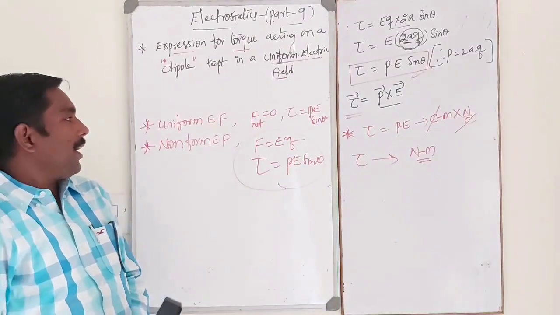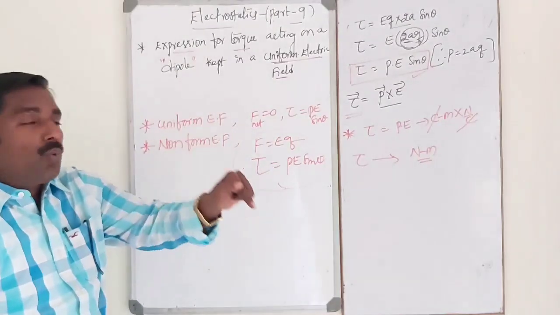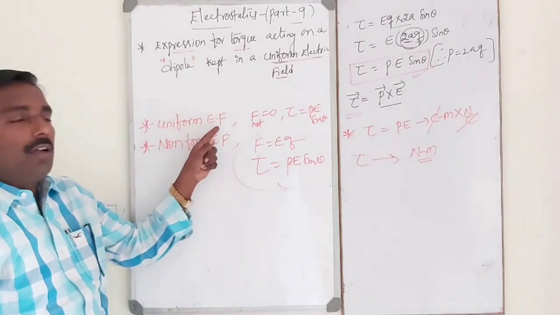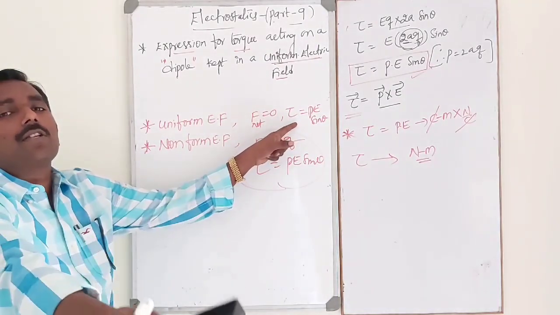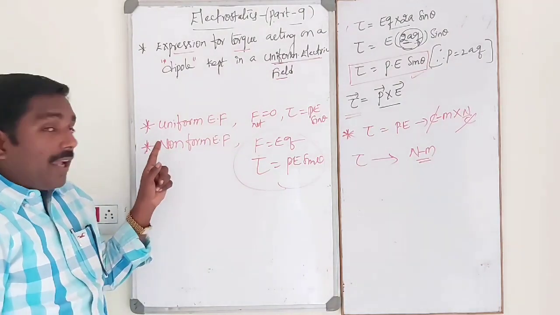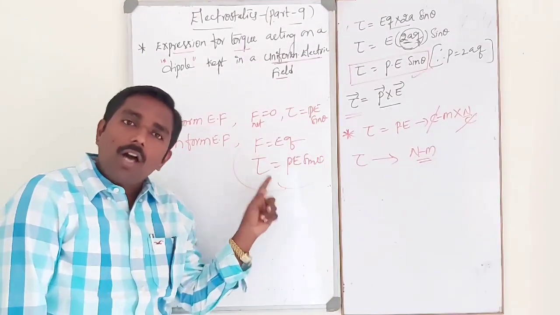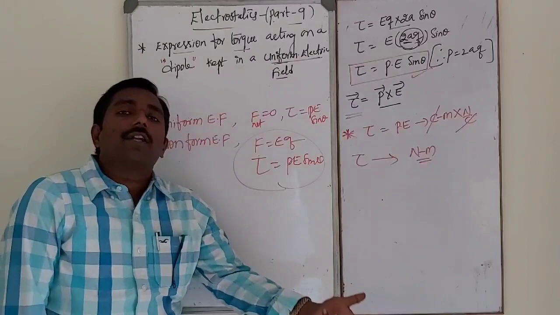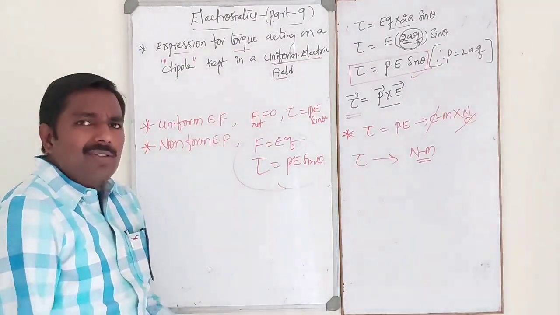Once again I will repeat, whenever a dipole is kept in a uniform electric field, net force will be 0, only torque will be experienced on the dipole. And the second one is, a dipole kept in a non-uniform electric field, force as well as torque both are experienced on the dipole. Why?